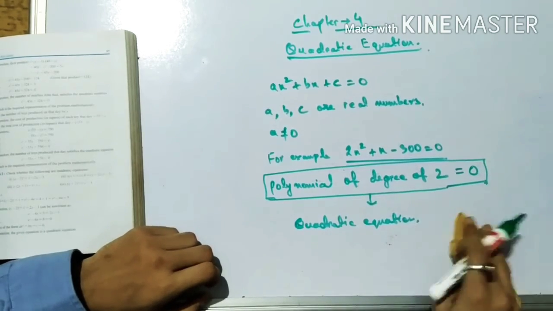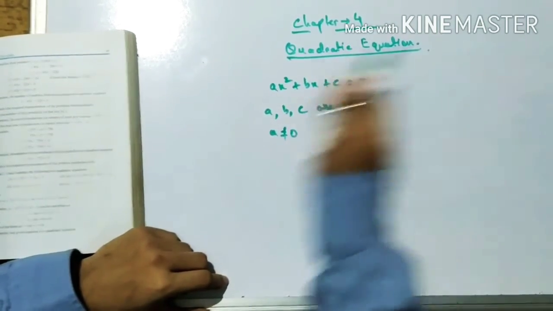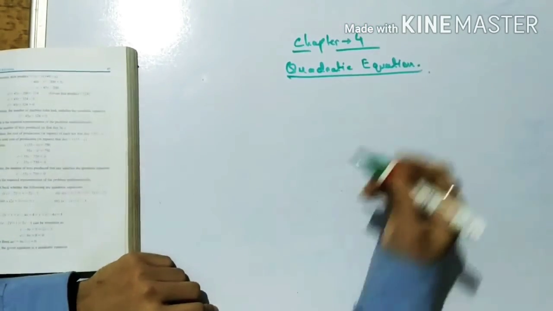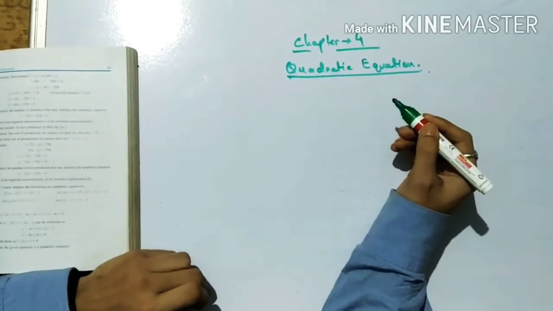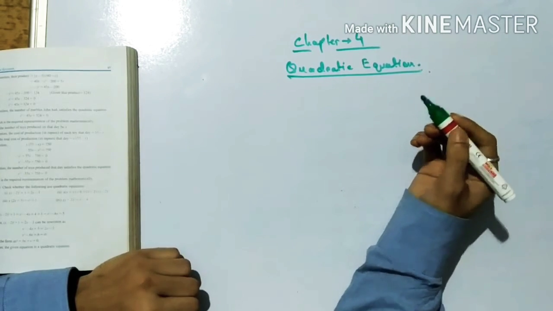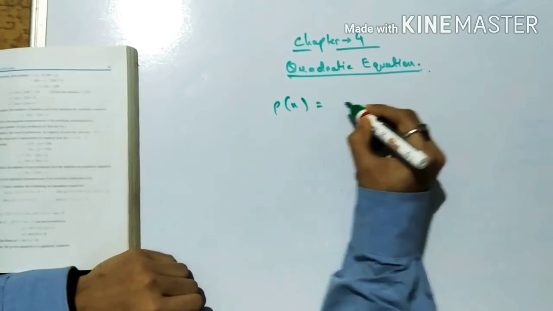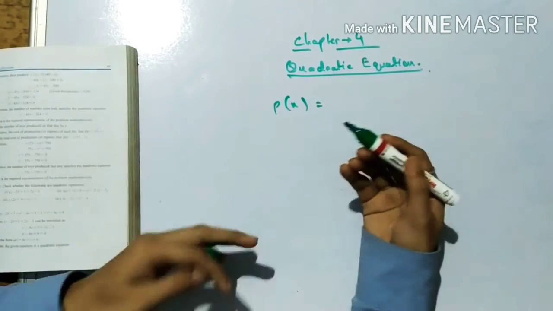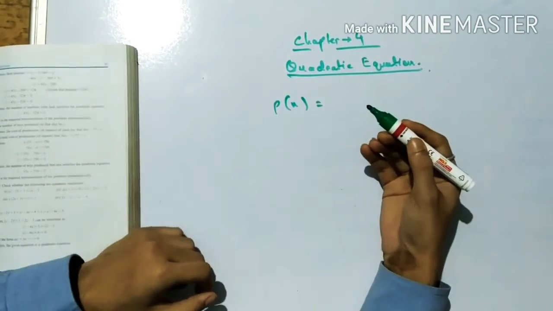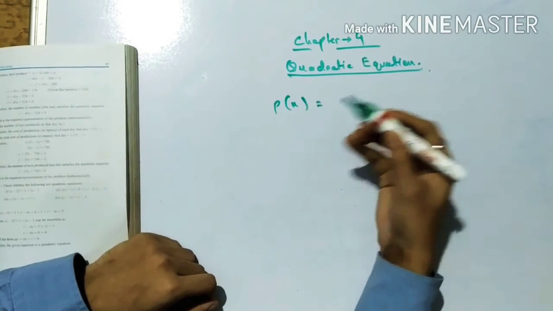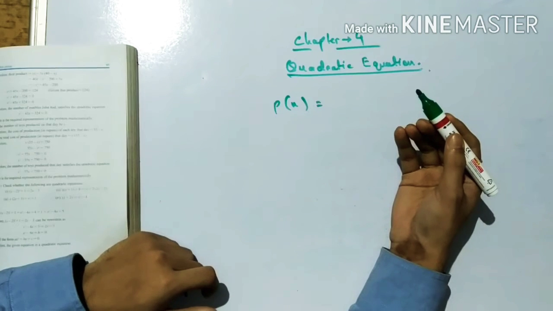Understand? So what we have learned is what a quadratic equation is. For example, if we take a polynomial p(x), p(x) is a polynomial of degree 2.